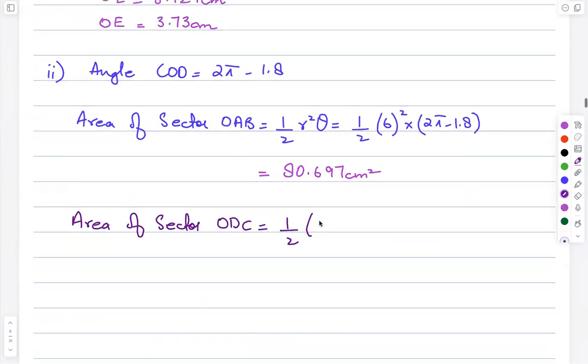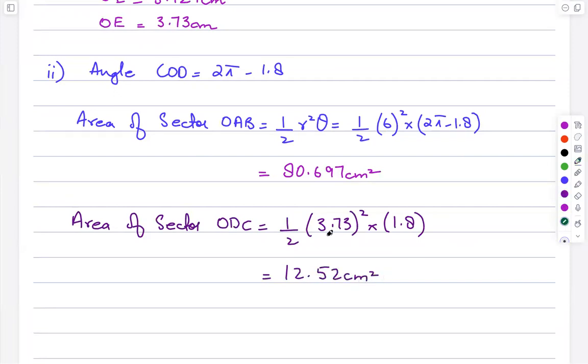So this will become 1/2 into 3.73 whole squared multiplied by the angle, which was 1.8. Calculating 3.73 squared, multiplying this by 1.8 and dividing by 2, this will become 12.52 centimeters squared.